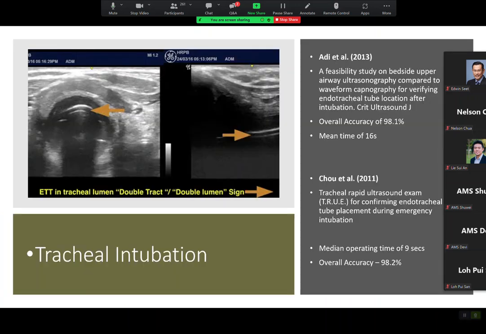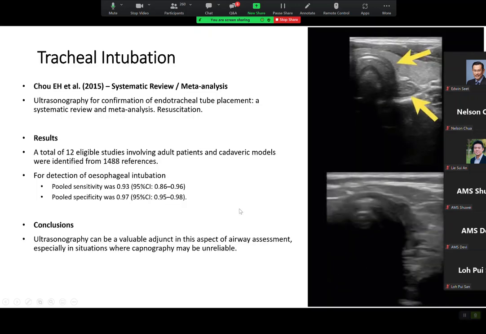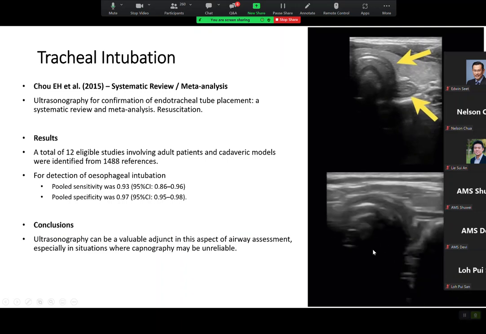So in terms of detecting tracheal intubation, quite a number of studies have shown that it's feasible, with high accuracy rates. So basically, you get a double line here when the tube is in the trachea. You can see the image on the right here.